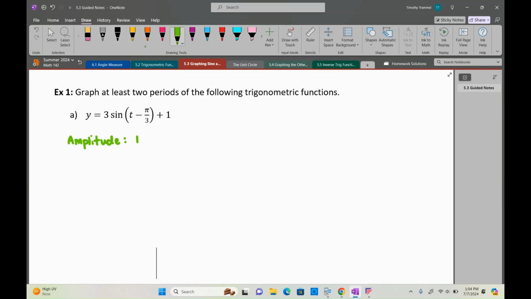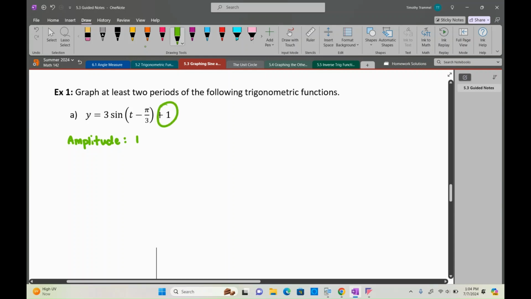What else do we have here? We have that vertical shift that we were. Oh, I wrote 1. Our amplitude's 3, isn't it? It's this number right here. But my vertical shift, this plus 1, I can write that in here.